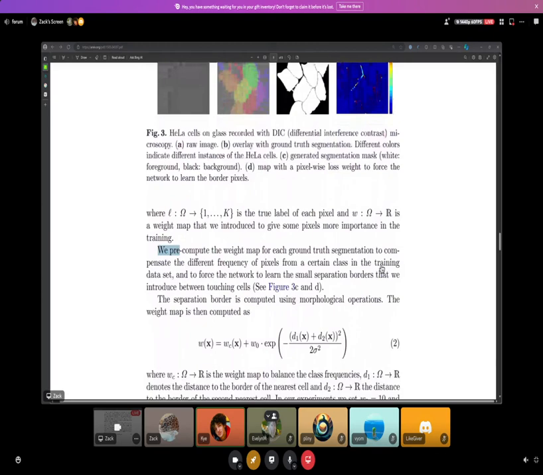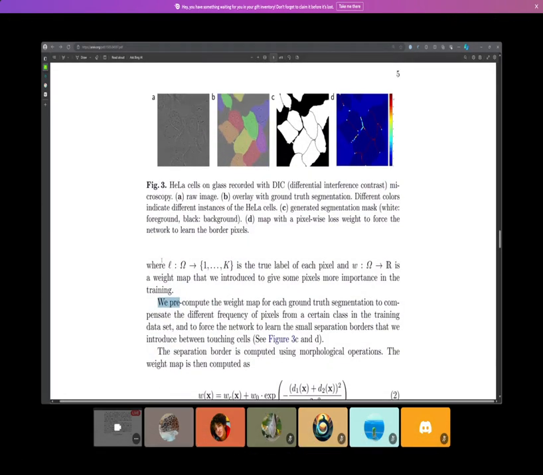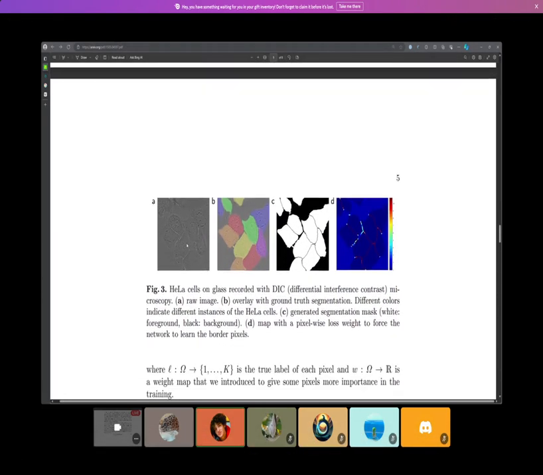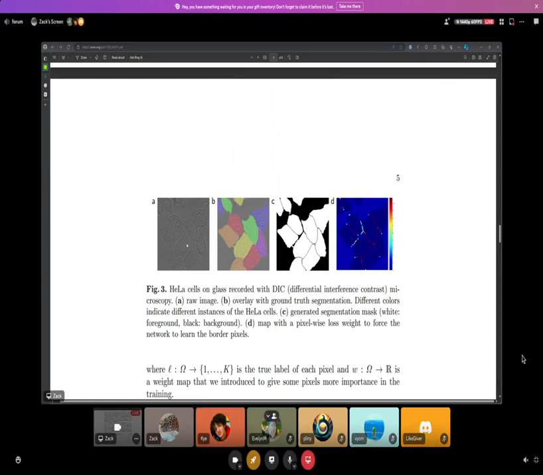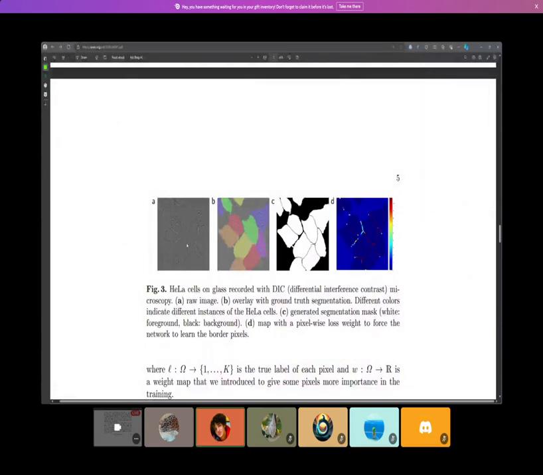So okay, let's take a look at the image. Halo cells are recorded with DIC, differential interference contrast, microscopy. A is the raw image, B is an overlay with ground truth segmentation.